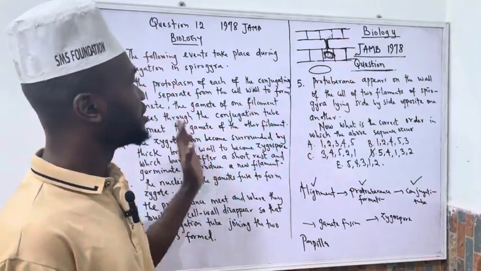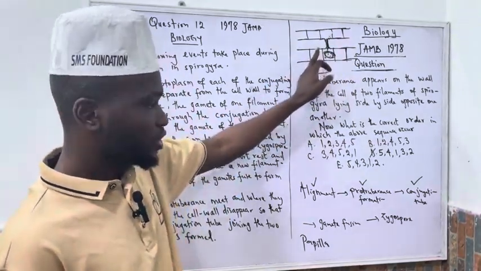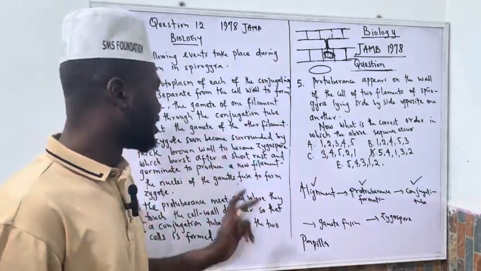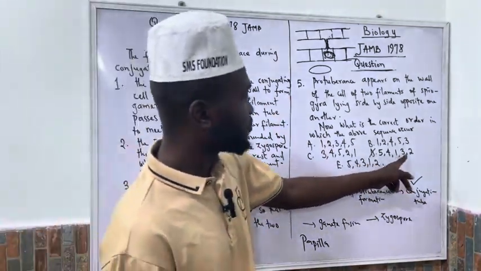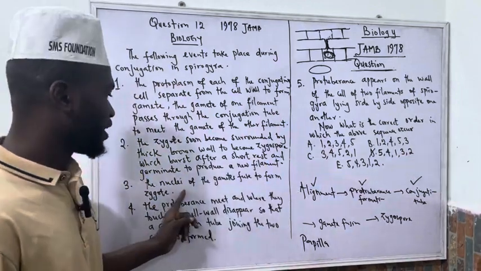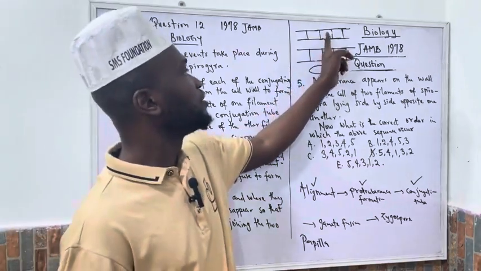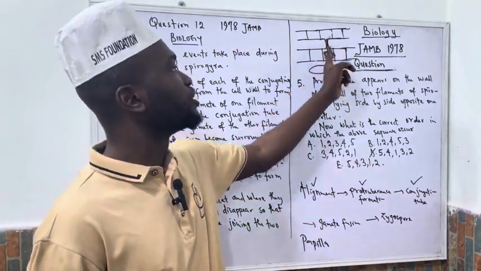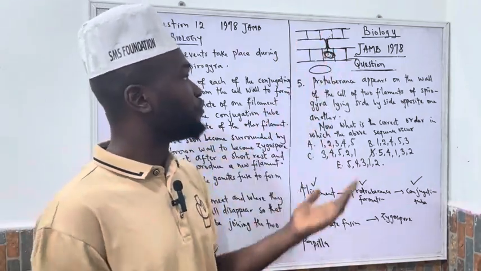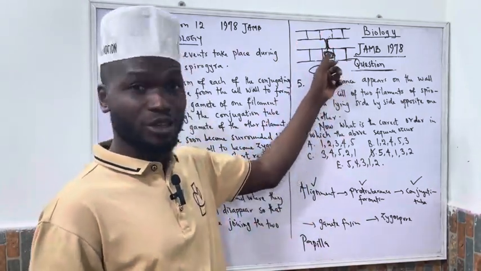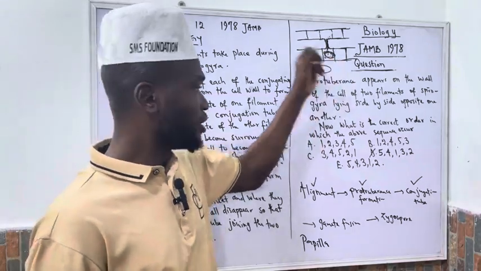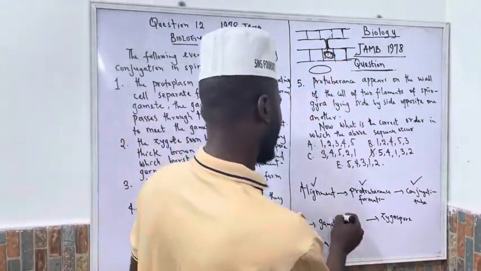That is gamete fusion. After that we have 3. 3 says the nuclei of the gametes fuse to form zygote. I have explained when the nuclei of the two gametes fuse to form zygote. This is gamete fusion.